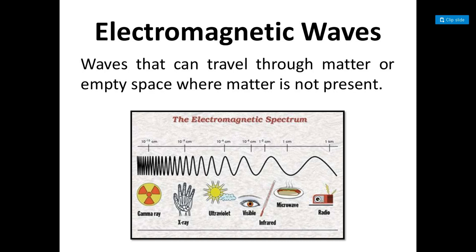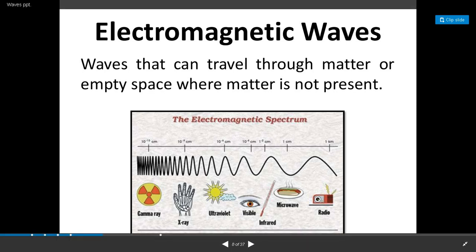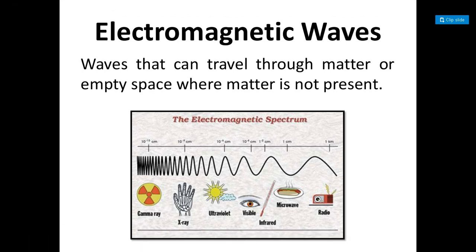Electromagnetic waves, in empty space, all travel at the same speed. If you're talking about gamma rays, X-rays, ultraviolet, visible, infrared, microwaves, or radio waves, they travel in space at the same speed, referred to as the speed of light.